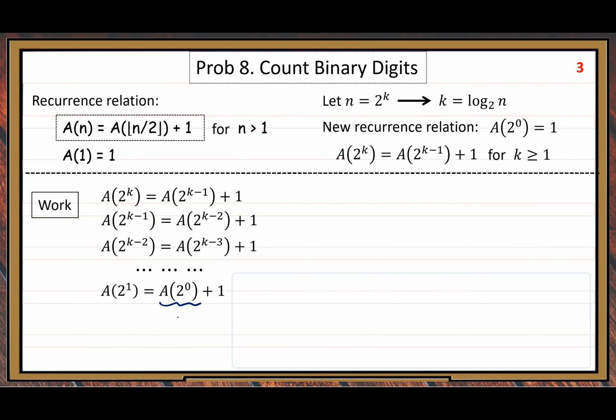Okay, all right. Now, with this sequence of equations, we just add them up, and do cancellation as much as we can from both sides.